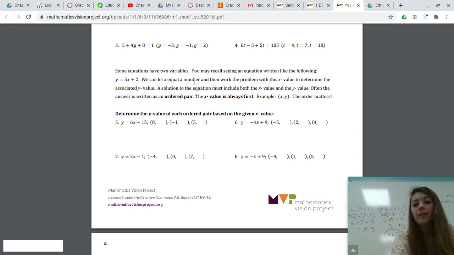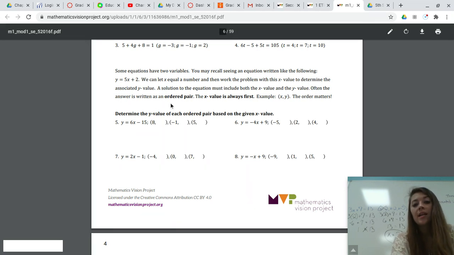We can let x equal a number and then work the problem with this x value to determine the associated y value. A solution to the equation must include both the x value and the y value. Often the answer is written as an ordered pair. The x value is always first. Example: x, comma, y. The order matters.